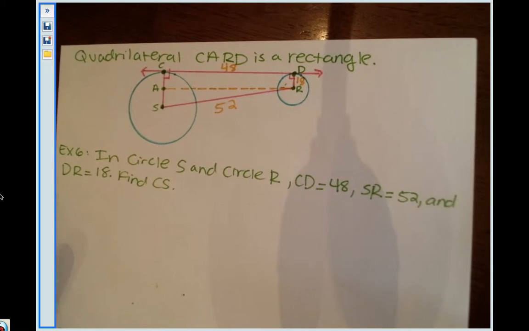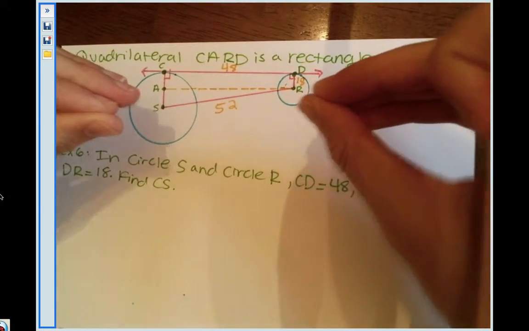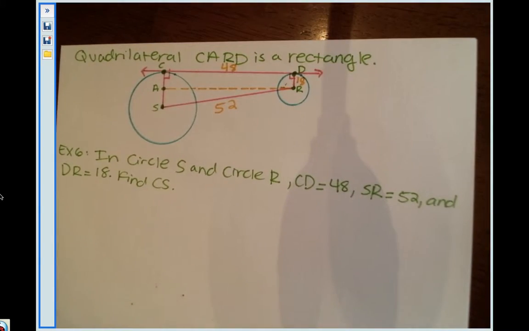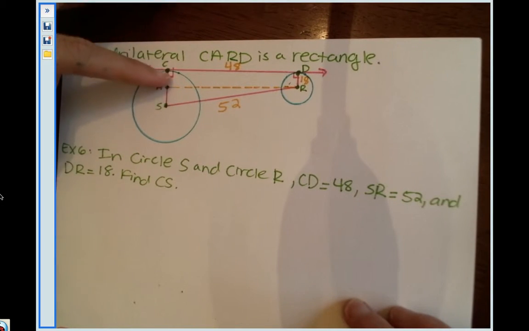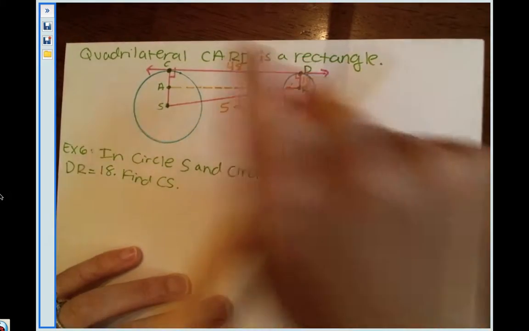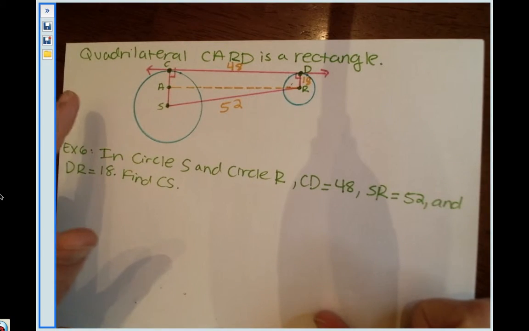Okay, so again, sometimes in geometry we need to look closer into the picture to find shapes within our shapes to help us find what we're ultimately trying to find. So ultimately I want to find my radius, but we need to use pieces of this to help me get to the radius. Okay, so first of all, since this is a rectangle, that means that opposite sides are congruent.